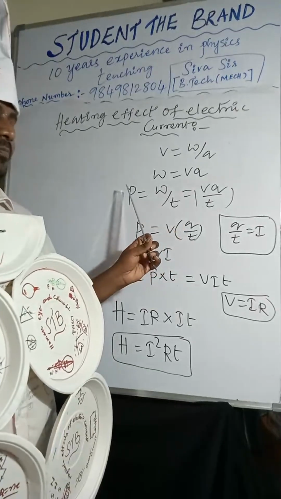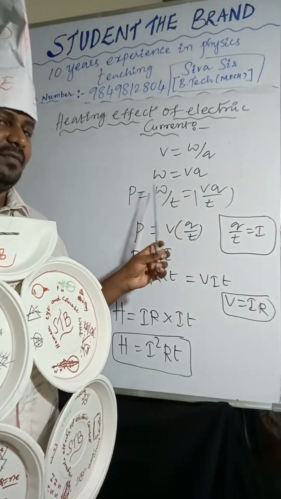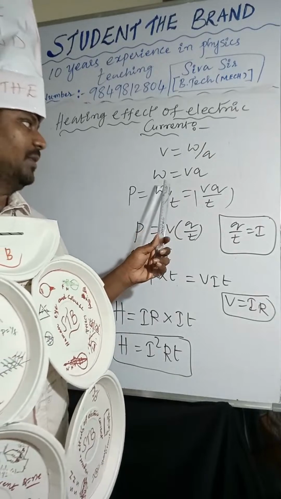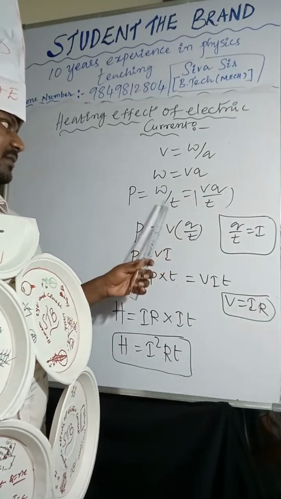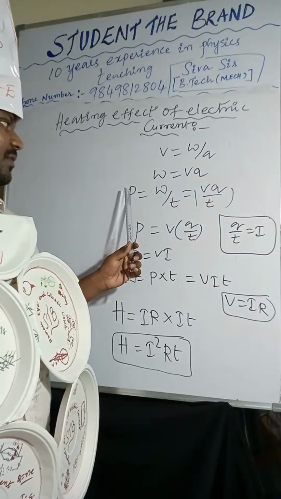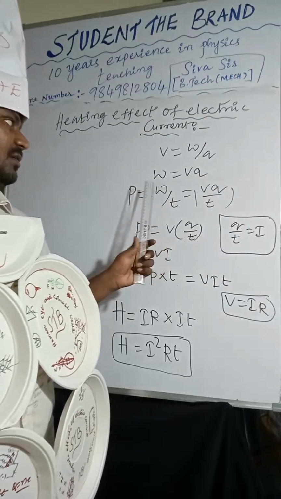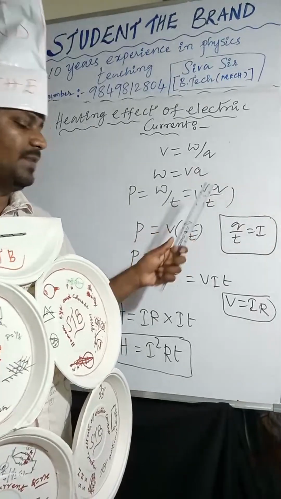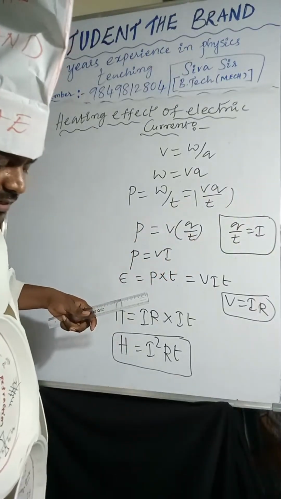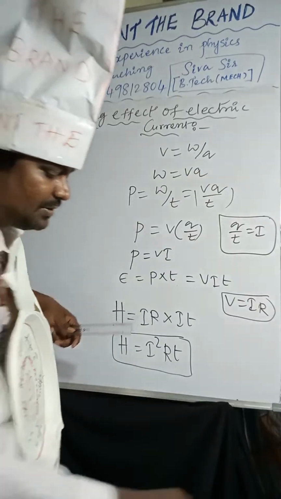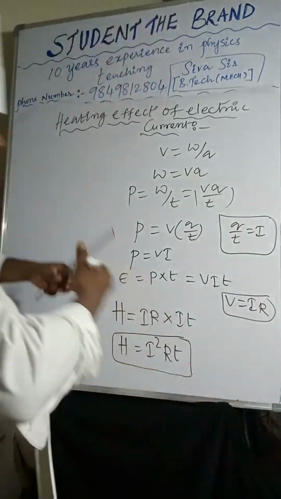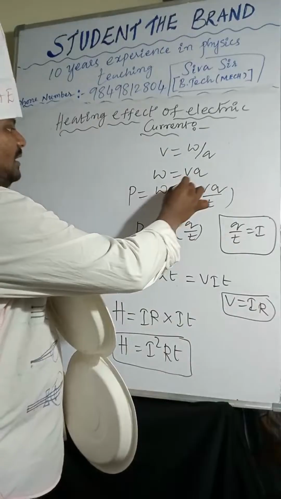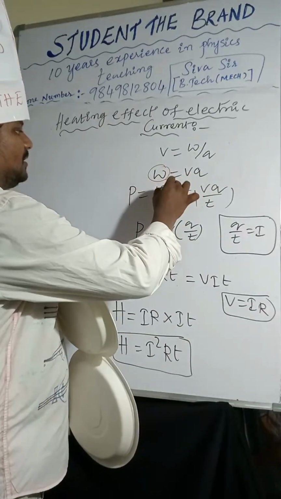So electrical power is nothing but rate of doing work. So P equal to W by T. So work we know is VQ, so substitute the VQ value.